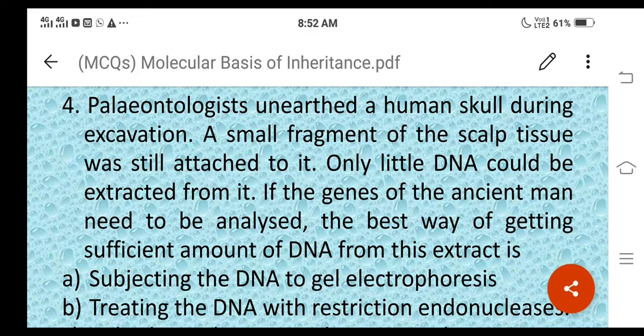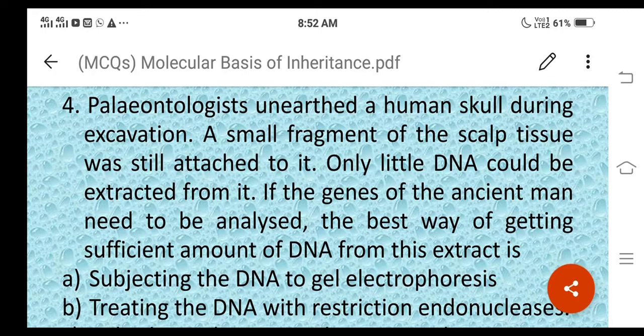Then the fourth one. Paleontologists unearthed a human skull during excavation. A small fragment of the skull tissue was still attached to it, and only a little DNA could be extracted from it.